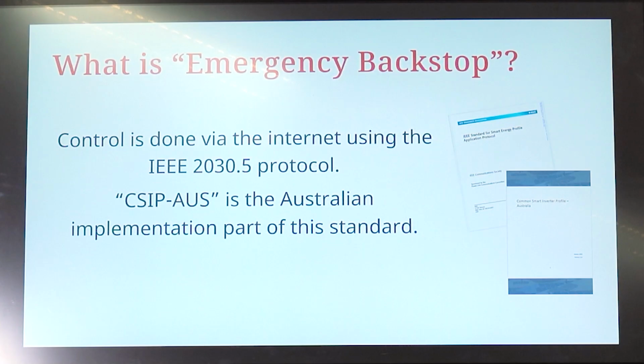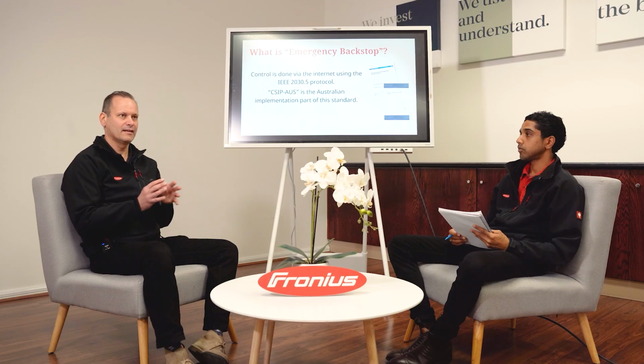Okay, so the control is done over the air, if you want to call it, or cloud, so via the internet. So that's using the IEEE 2030.5 protocol. I know it's a bit of gobbledygook, so it's a standard which has been developed for communication of what we call DERs in the field. And that is the base standard.